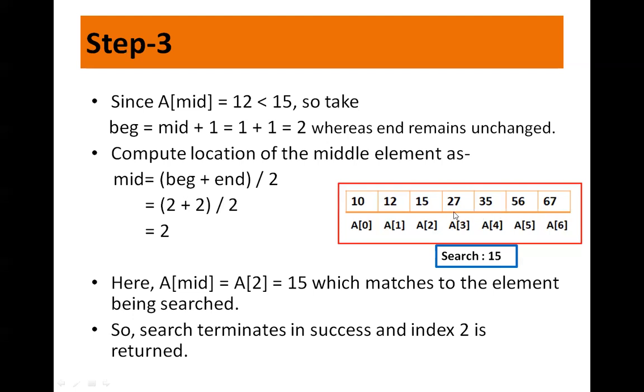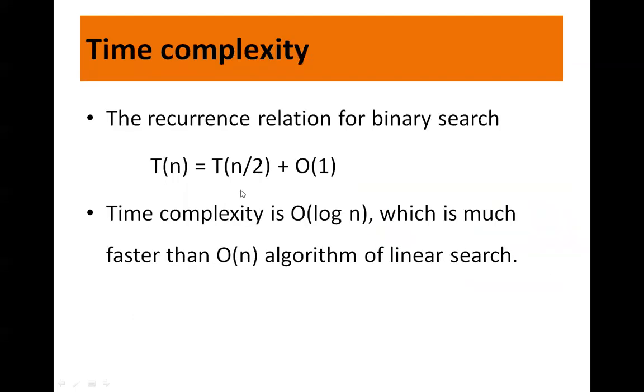Each iteration divides your input search space into half. And this big O of 1 is a constant meant for the basic arithmetic operations which may be there. So the complexity is big O of log n, since the input is reduced to half in each iteration, which is much faster than a linear algorithm whose complexity is big O of n.